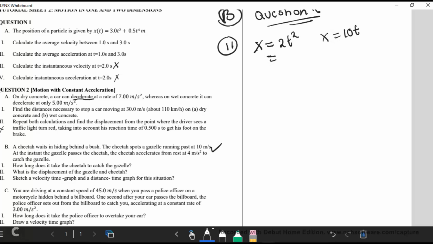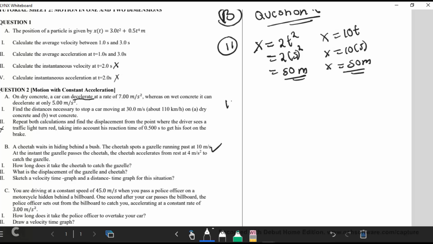The time that it caught was 5 seconds, so 10 times 5 is 50. Then here again that is 50 meters. So this is how you answer that question.